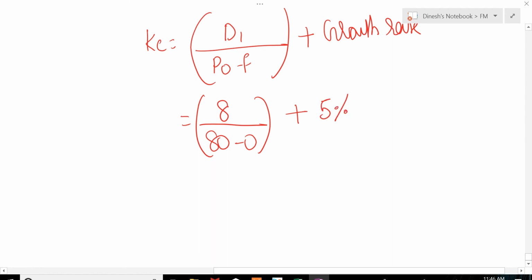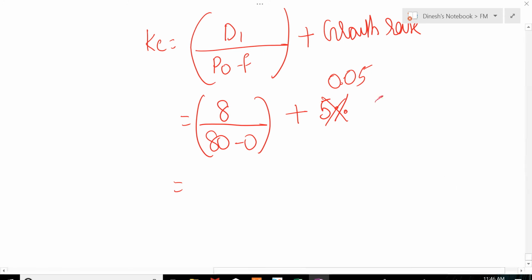Now listen for a minute. 8 by 80 plus 5%. When you do the calculation, 8 by 80 is 0.10, which is nothing but 10%. Either you do the problem as 0.05, if you're getting confused, then 0.10 plus 0.05 is 0.15 or 15%.